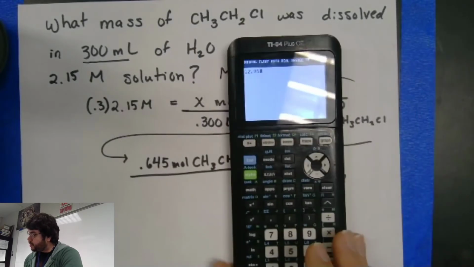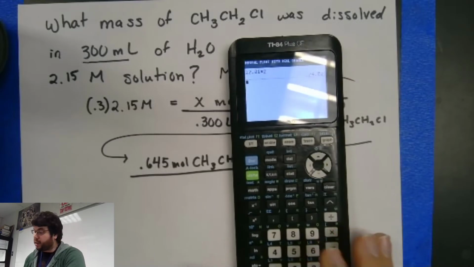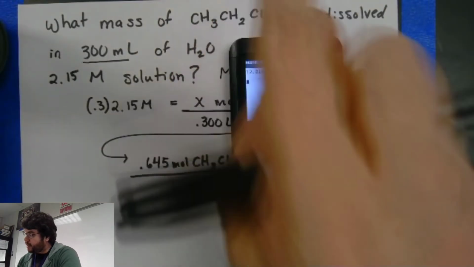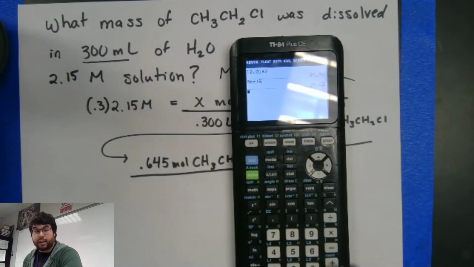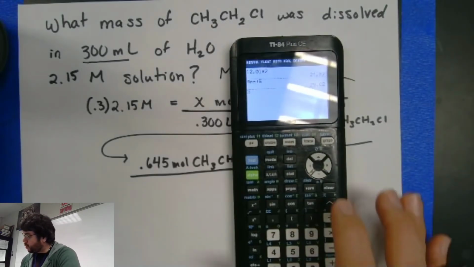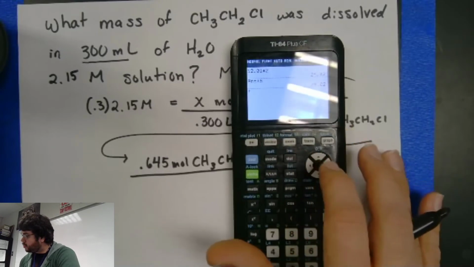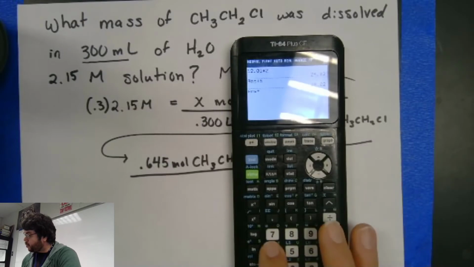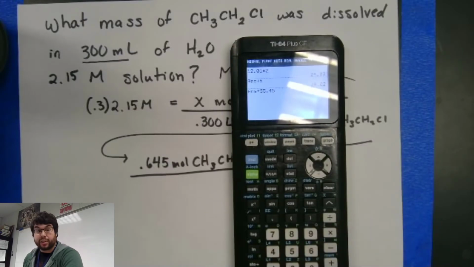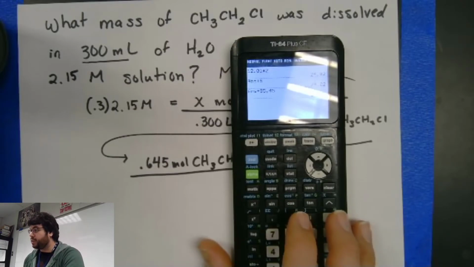There are 2 of them, so times 2. And then there are a total of 5 hydrogens, so we can add 5. And then plus chlorine, which is 35.45. Just kind of speeding this up now. 64.47. The molar mass of this compound is 64.47.